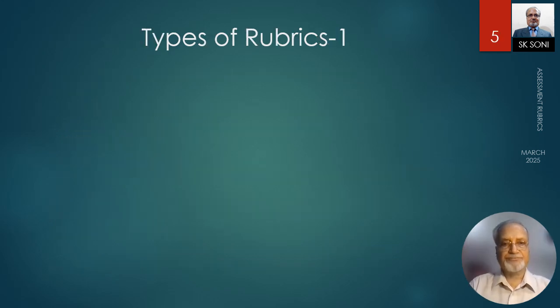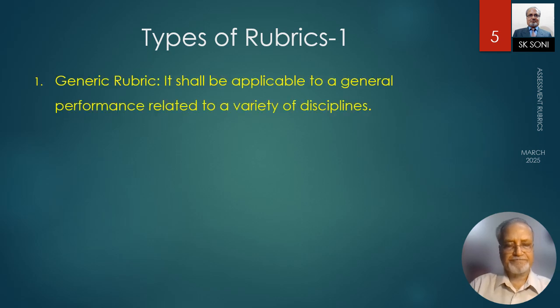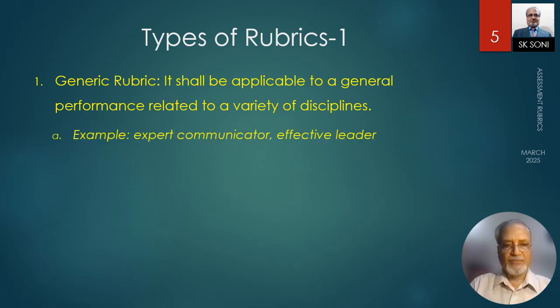Let us consider the first types of rubrics. The criteria is the discipline wise, either general discipline or a specific discipline. Generic rubric. It shall be applicable to a general performance related to a variety of disciplines. Examples: expert communicator, effective leader.